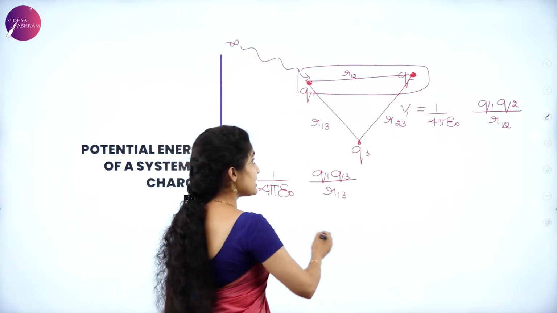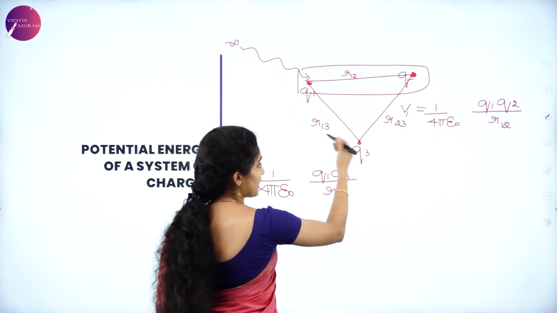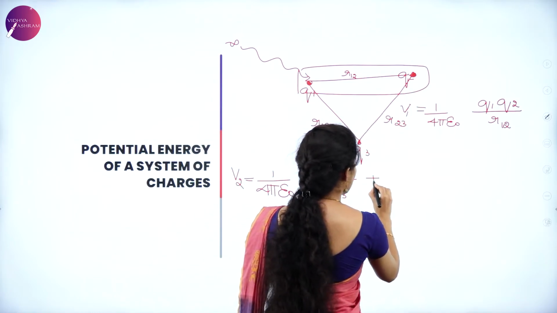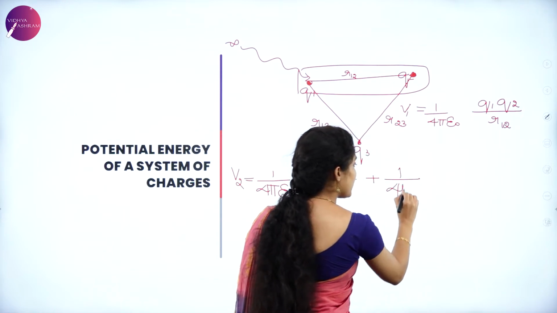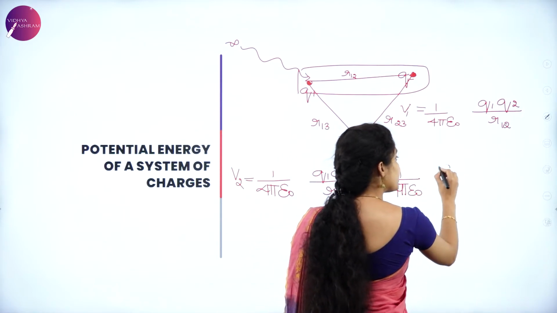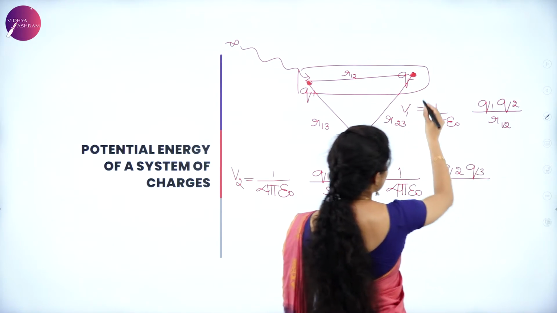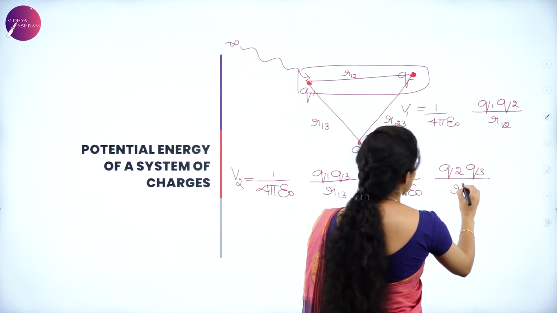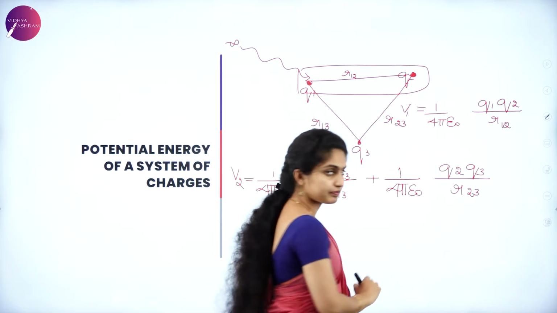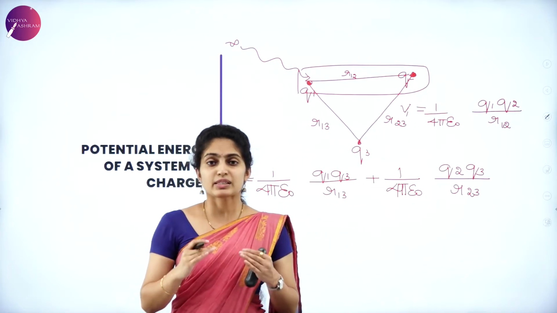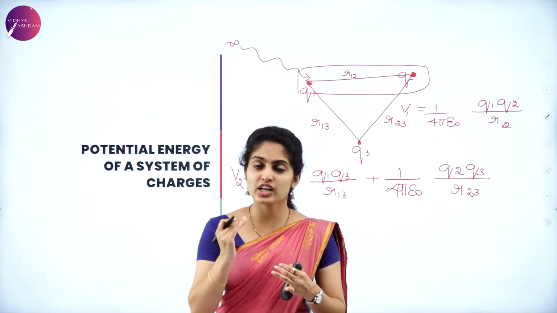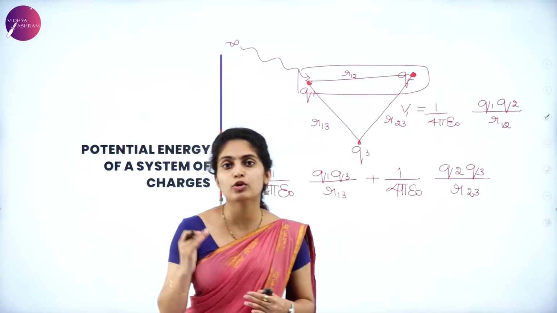Okay, and Q2 is also acting on Q3, so it becomes plus 1 by 4 pi epsilon naught Q2 Q3 divided by the distance between the two charges, R23. Similarly, it goes up to the 4th charge, 5th charge, till n number of charges.